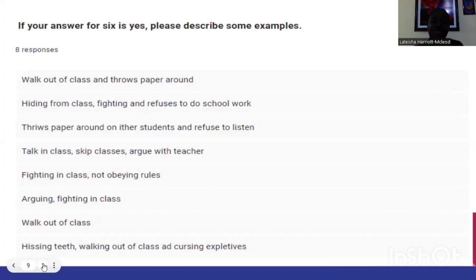They were also asked to give examples of some of the defiant behaviors that they would have displayed. They stated that walking out of class, throwing papers around, hiding from classes, fighting, refusing to do schoolwork, refusing to listen, talking in class, skipping classes, arguing with teachers, not obeying rules, hissing teeth, and cursing expletives.